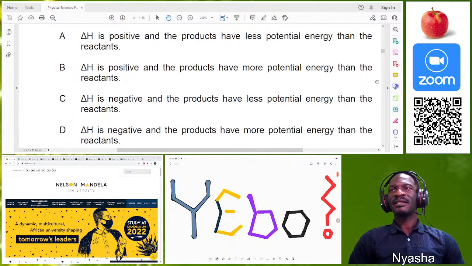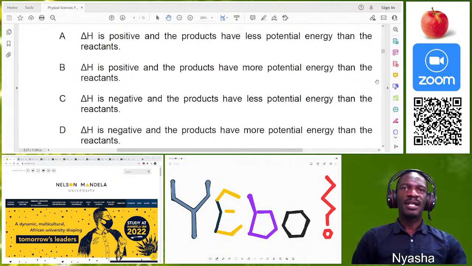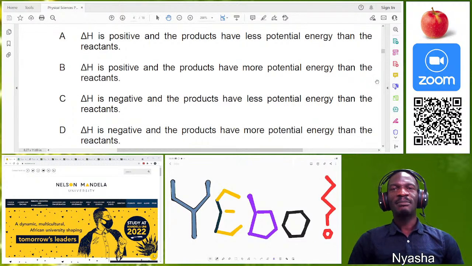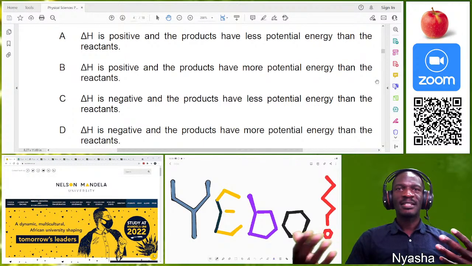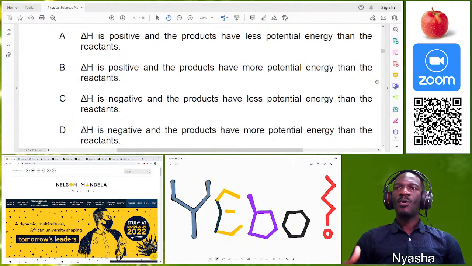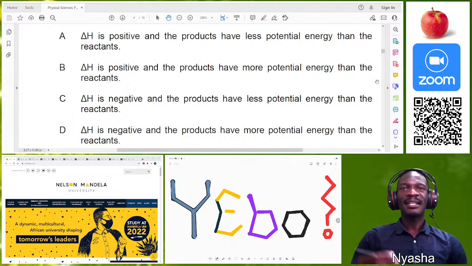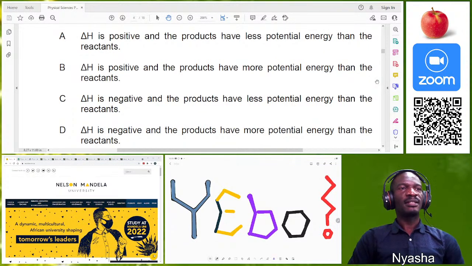In other words, when the chemical reaction has taken place, if you look at the energy of your reactants and the energy of the products, and you compare the two, what is the change in energy? In other words, what is the difference between the final and the initial energy in this equation?